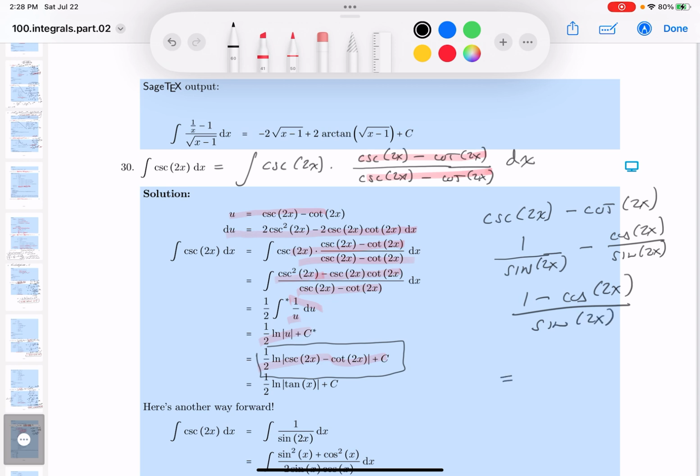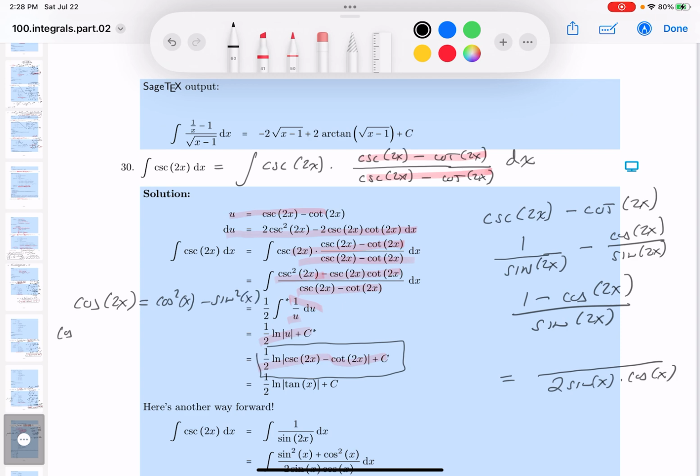Well, the bottom's pretty easy to write down. What's it going to be? 2 sine x times the cosine of x. That's relatively simple. I want to review the cosine of 2x, though. It could be written as cosine squared x minus sine squared x.